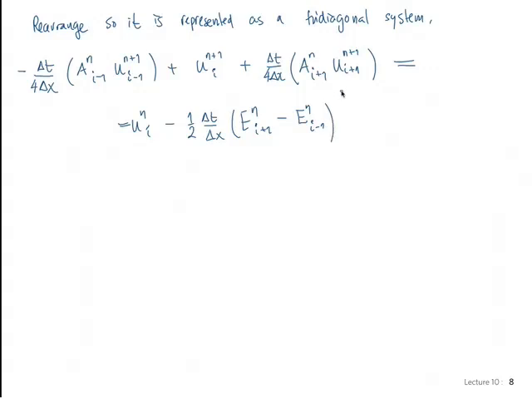And we have the other two terms that have a, plus delta t over 4 delta x, a at i plus 1, u at i plus 1, both at n, minus a at i minus 1, u at i minus 1, both at n. So everything on the right hand side is known, and we have three unknowns on the left hand side, and you can see that this consists of a linear system of equations with a tridiagonal coefficient matrix.